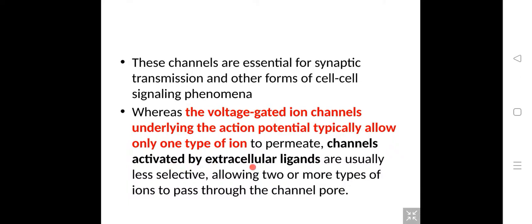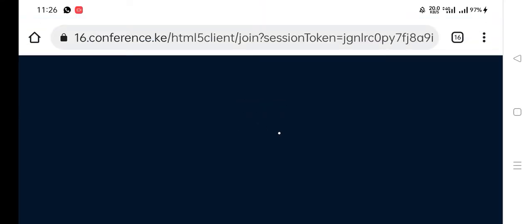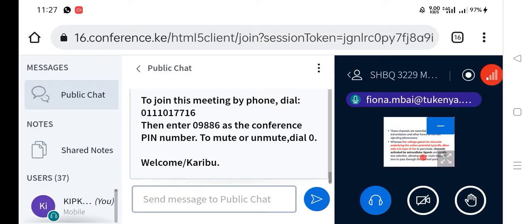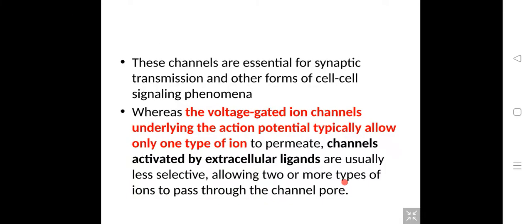Channels which have been activated by extracellular ligands, or by signals that come from inside the cell and cyclic nucleotides, are usually less selective, and these ones will allow two or more types.